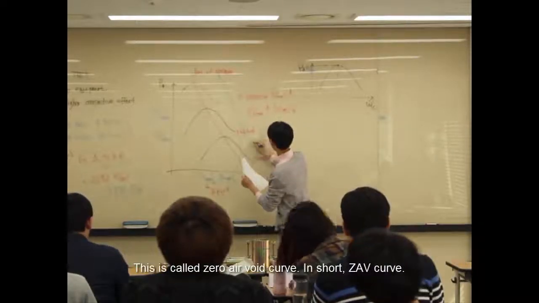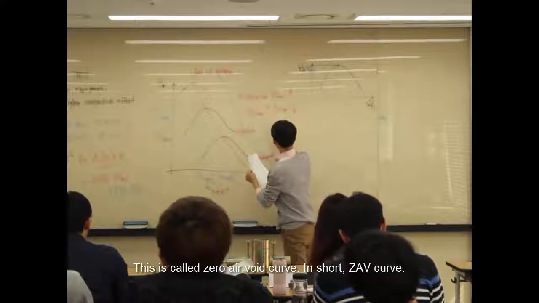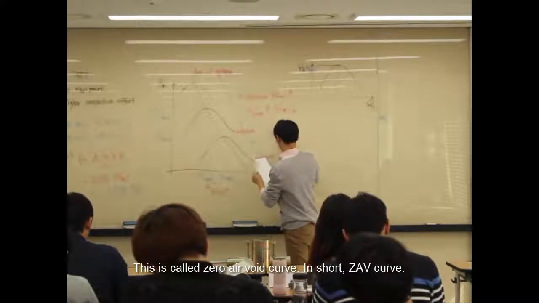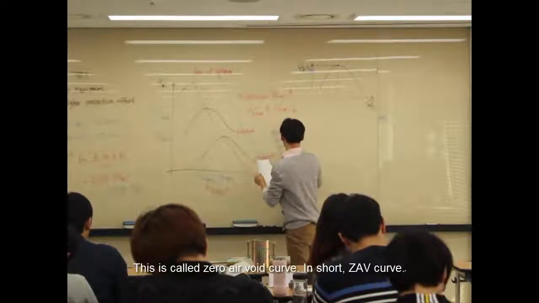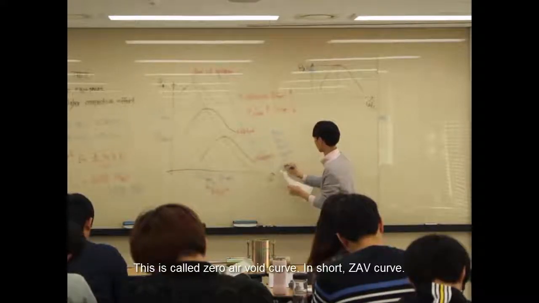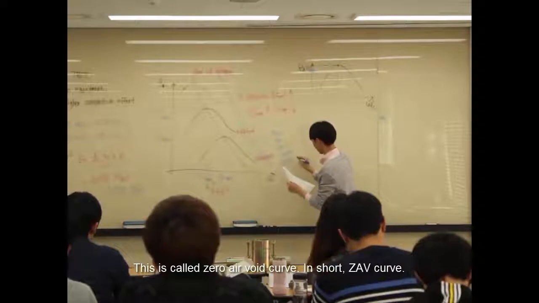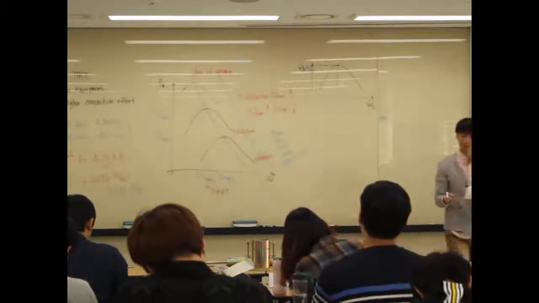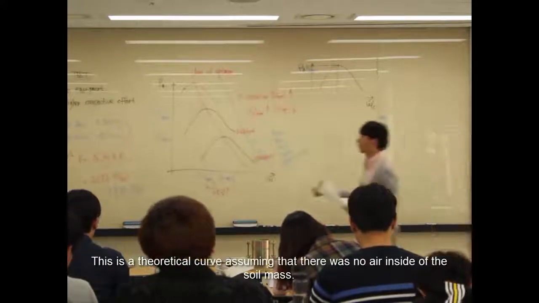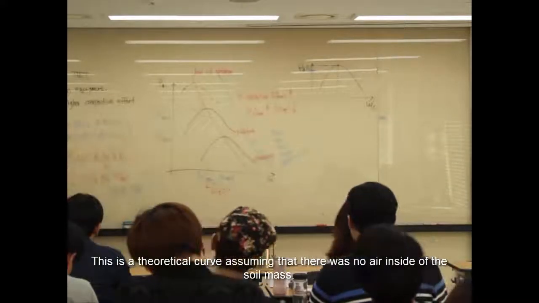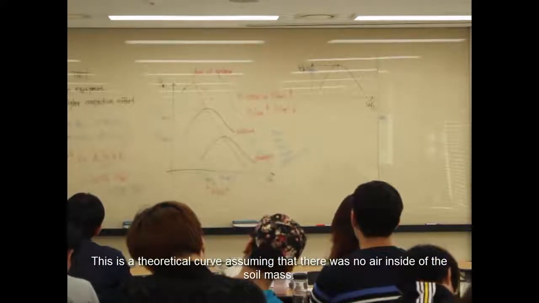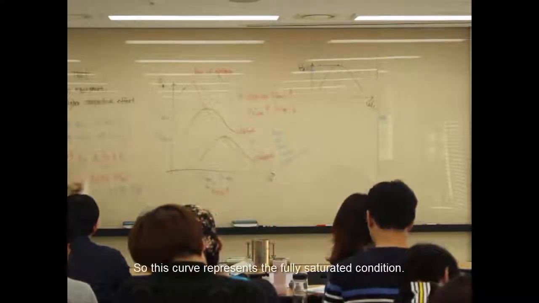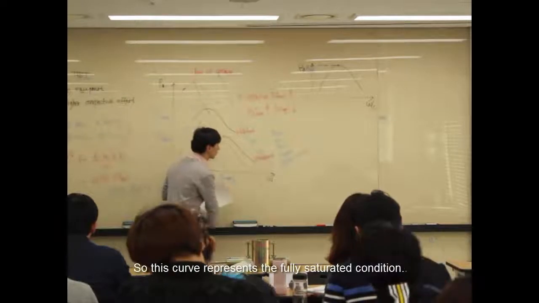This is called the zero air void curve. Zero air void is a theoretical curve assuming that there is no air inside the soil mass. So this curve represents the fully saturated condition.